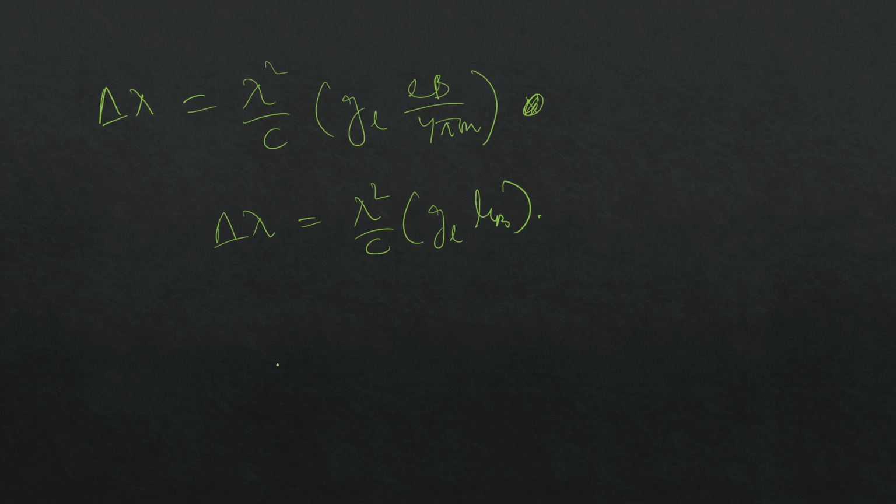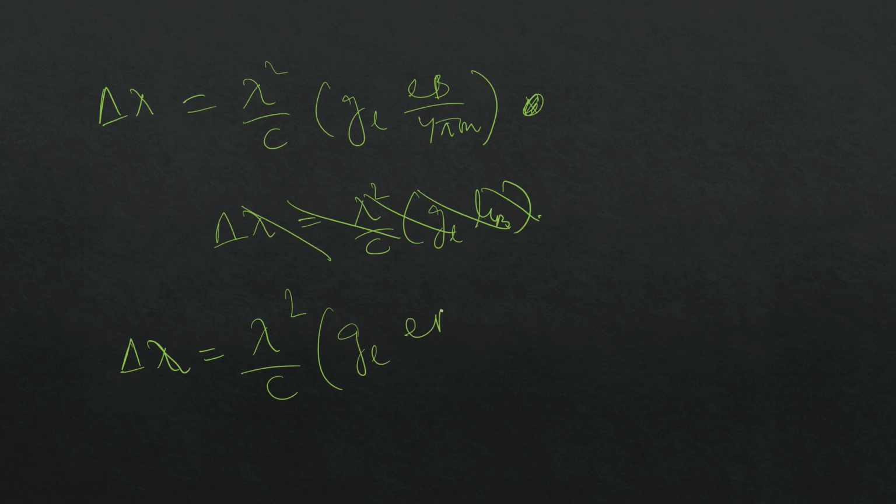Okay, so next, what we have to do is del lambda is equal to lambda square by c. We will multiply h, divide h. Yeah, now it's right.